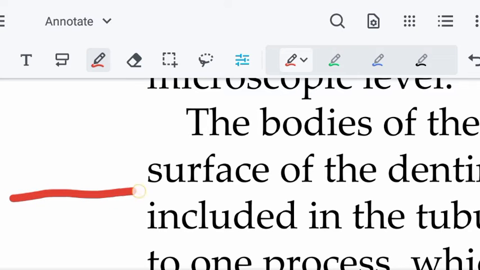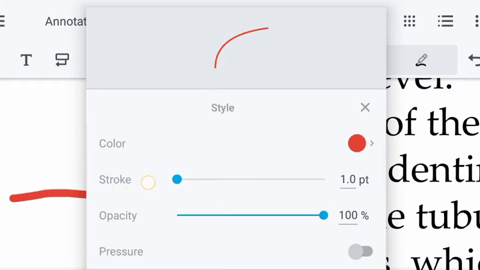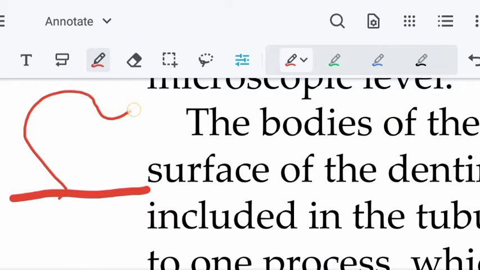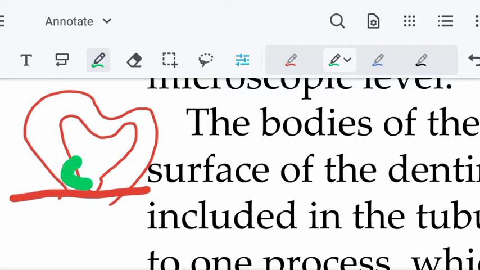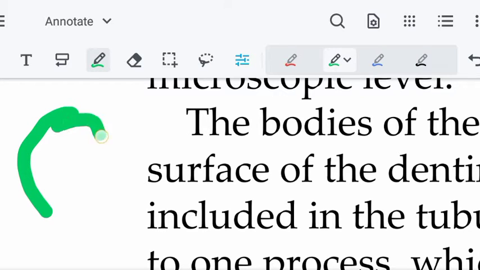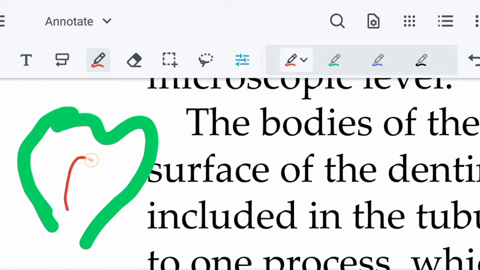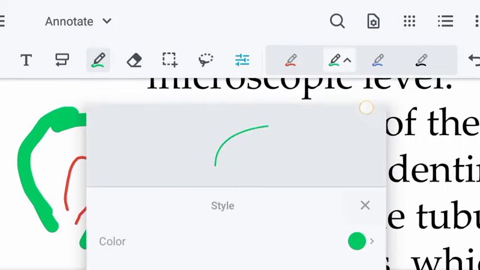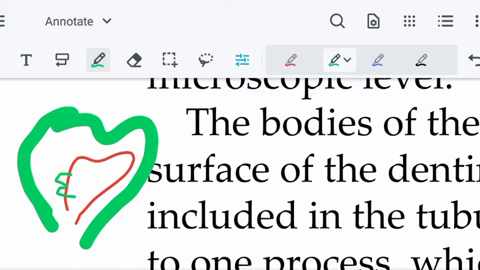So if this is the tooth, this is the pulp chamber, and these are the odontoblast cells here near the pulpal surface.